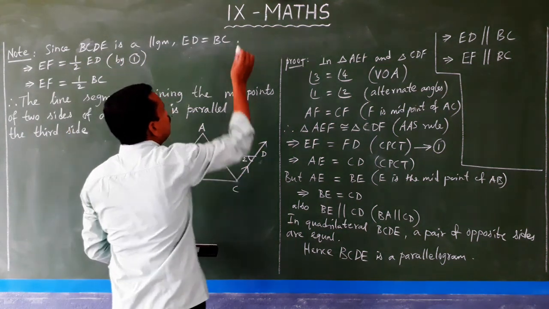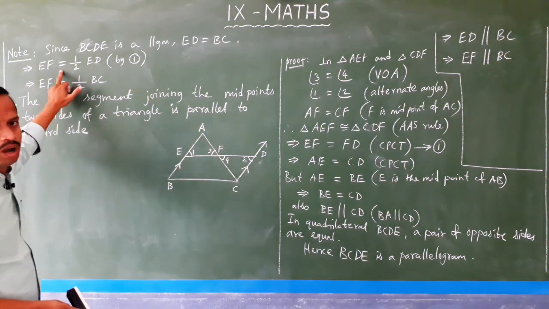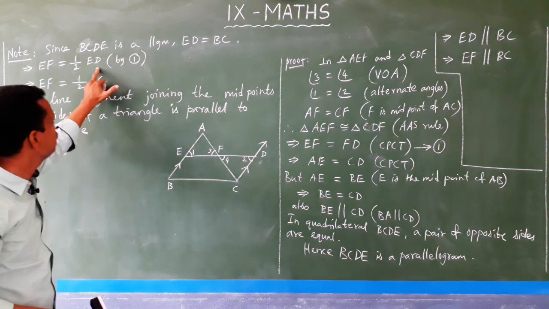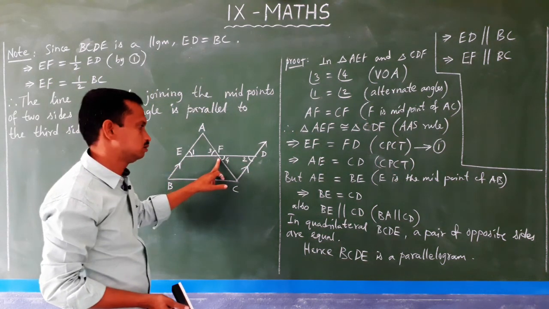Clear? And this implies EF is equal to half, 1 by 2 means half, so half of ED, because F acts as the midpoint.